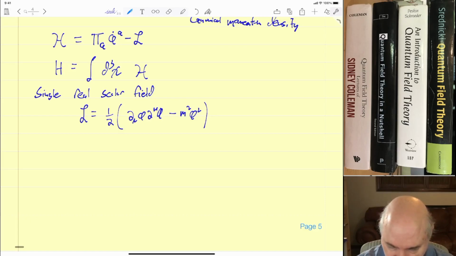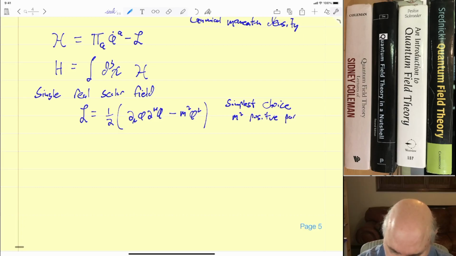This is the simplest choice. M squared is just a positive parameter for now. We'll relate it to the mass later. And the 1/2 is conventional.